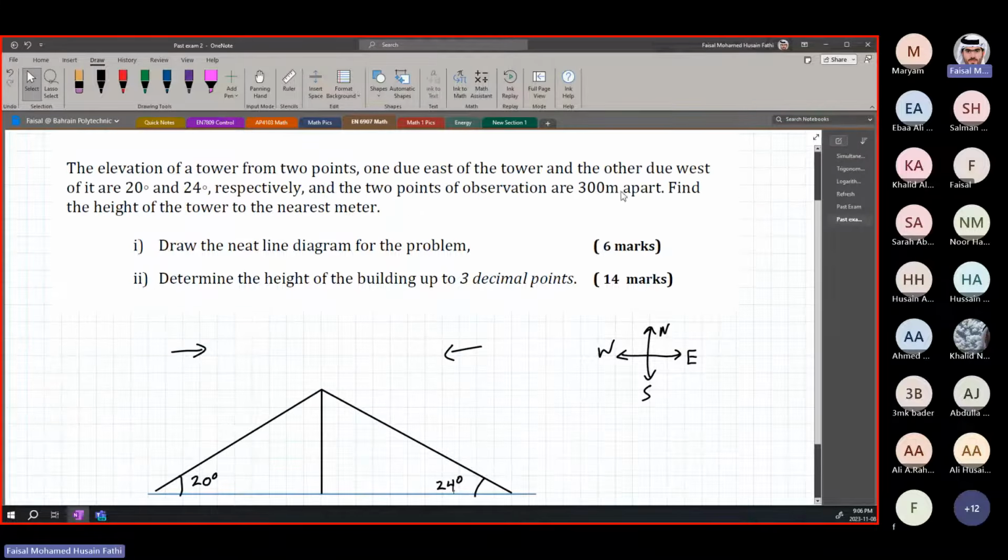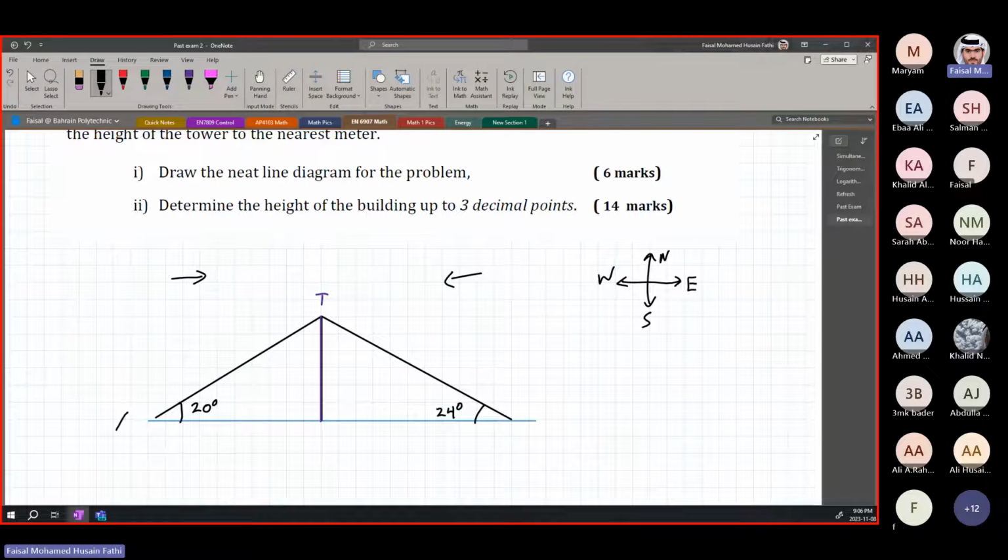And they are 300 meters apart. Don't forget this is our tower. Let's call this point T for the tower. Let's call this point A, this point B, and this point C. Points A, B, C, just so it's clearer when we are doing the triangle relations.